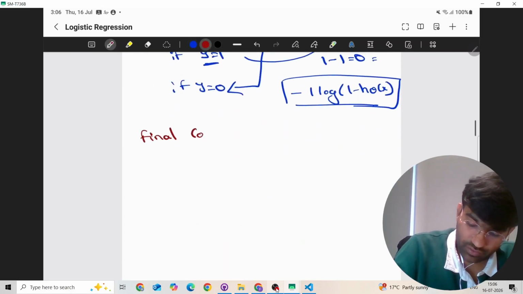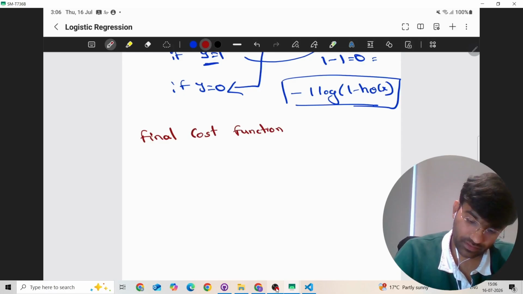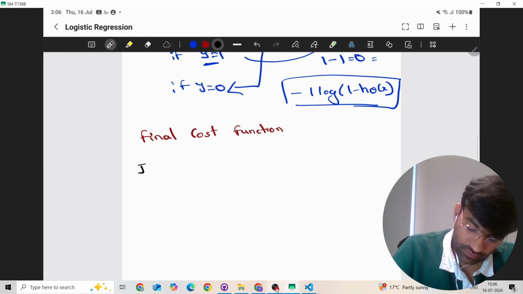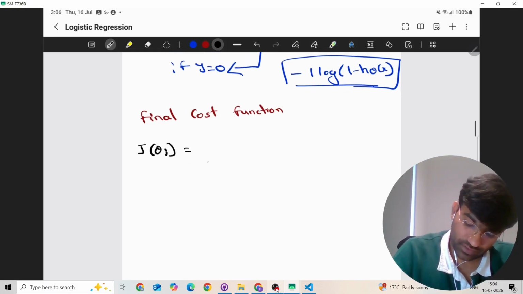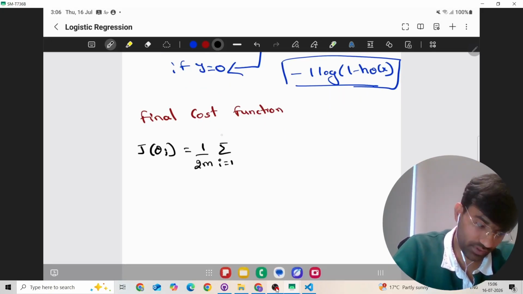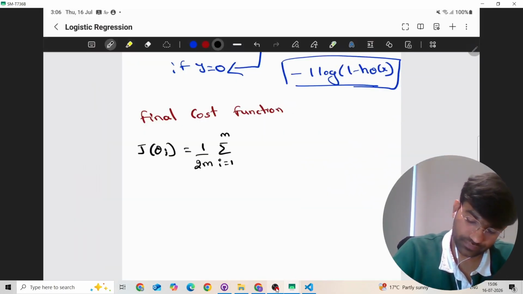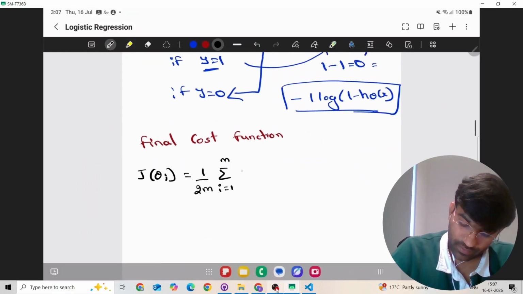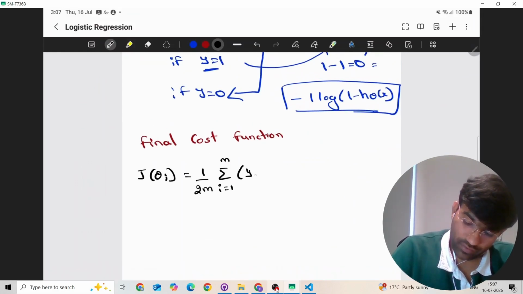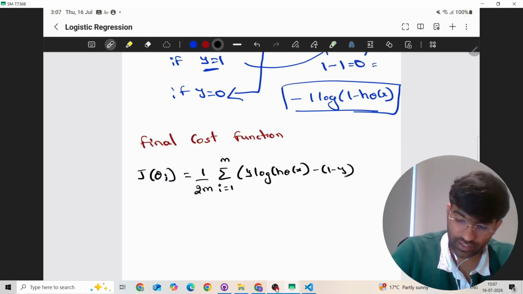the final cost function will be J of theta j equal to 1 by 2m summation of i equals 1 to m, sorry for that, y log of h theta of x minus 1 minus y log of 1 minus h theta of x.